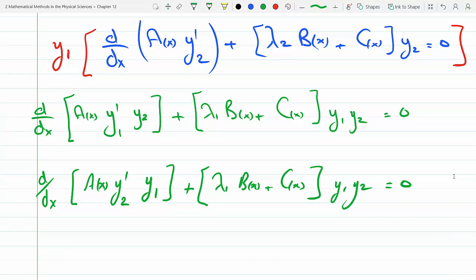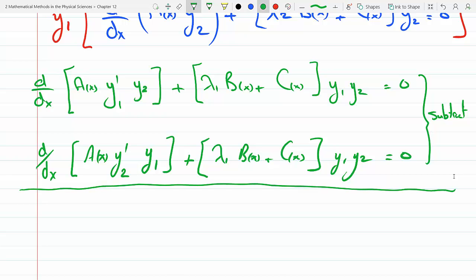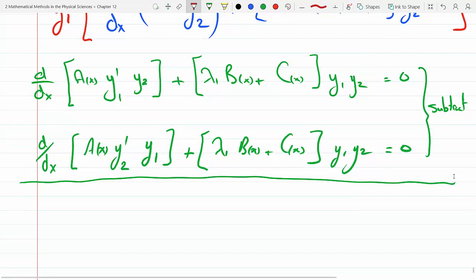So now I'm going to subtract these two equations, and when I subtract them, I'm going to factor out the derivative.